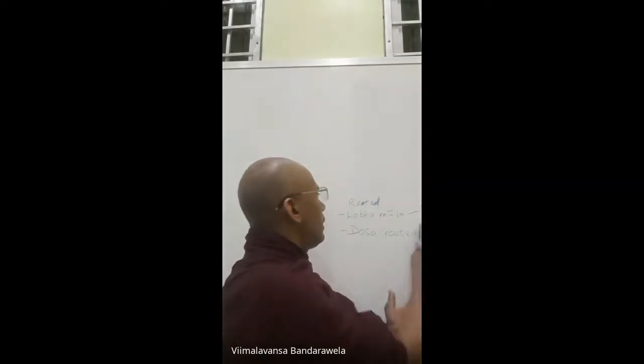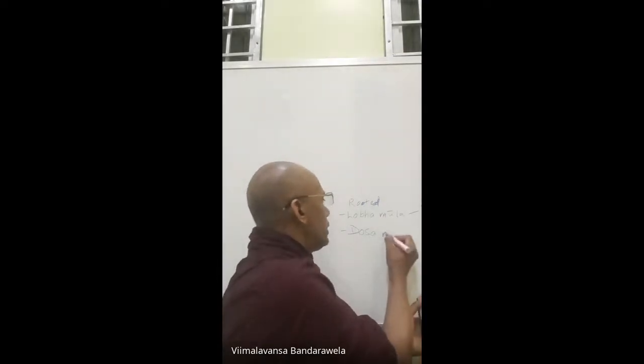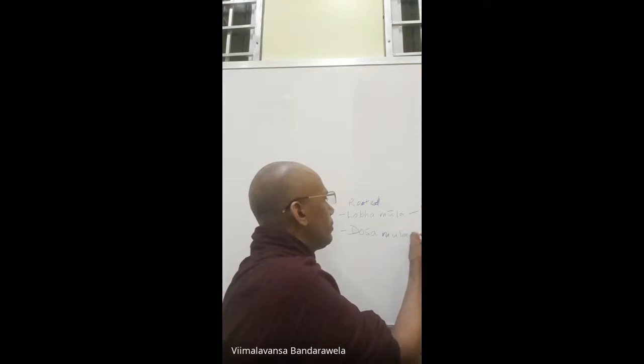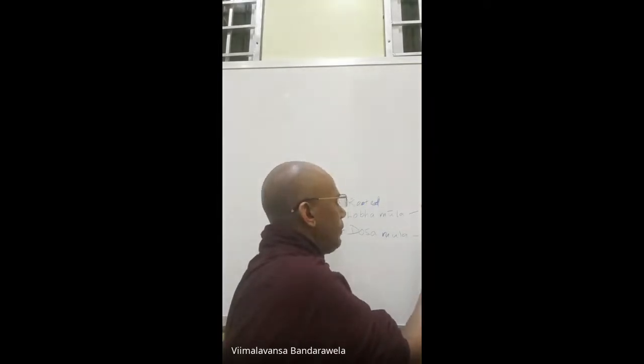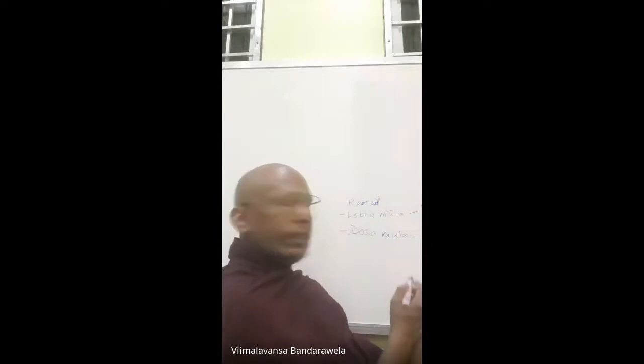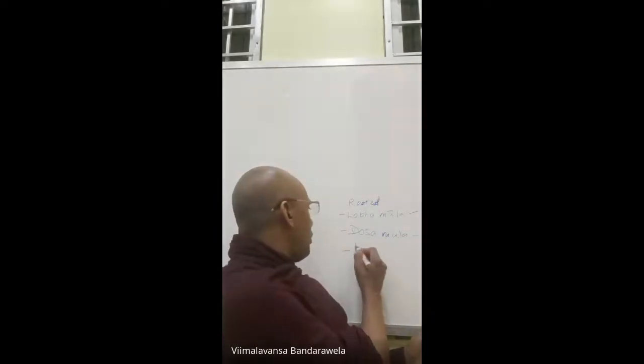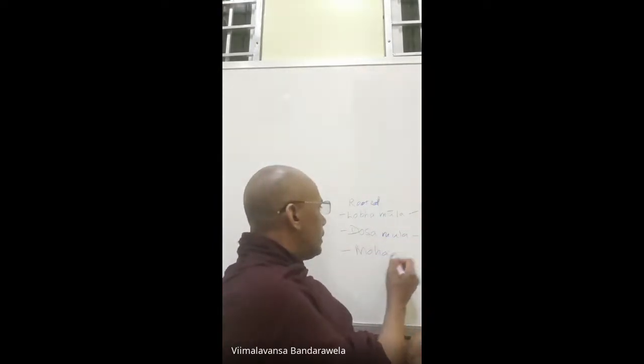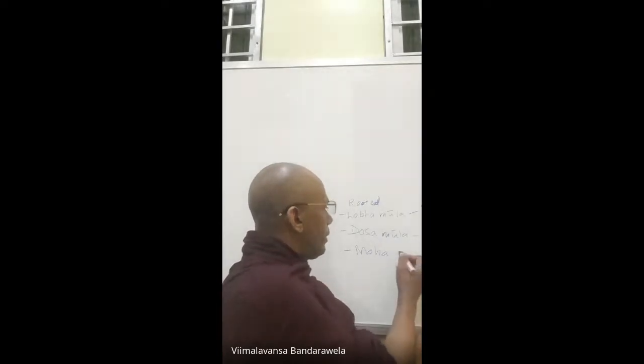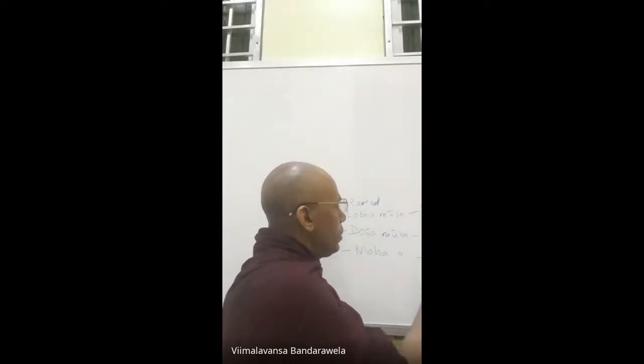This is also dosa mūla. Dosa mūla, that is what is called hatred rooted. The other one is moha mūla. Moha mūla means delusion root.